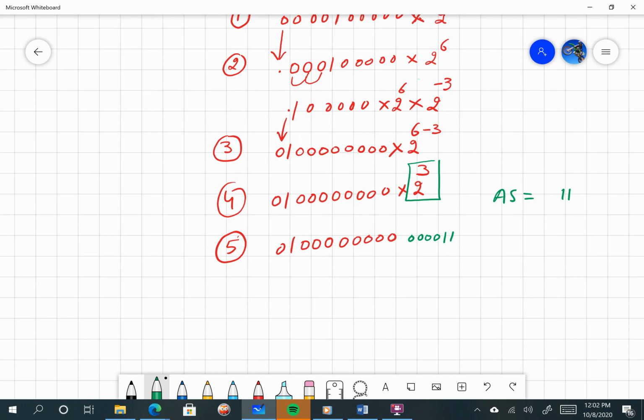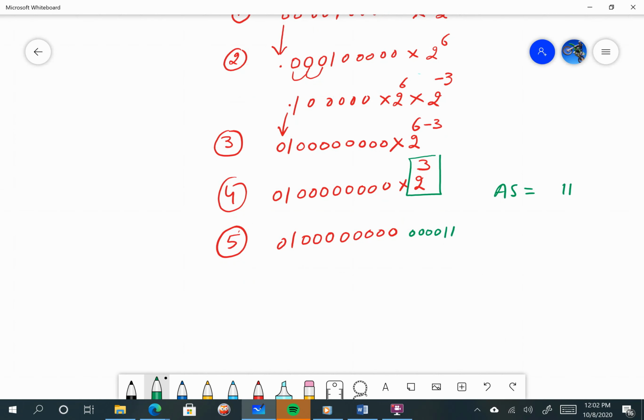So this is the final normalized binary floating point. This is the mantissa and this is the exponent.